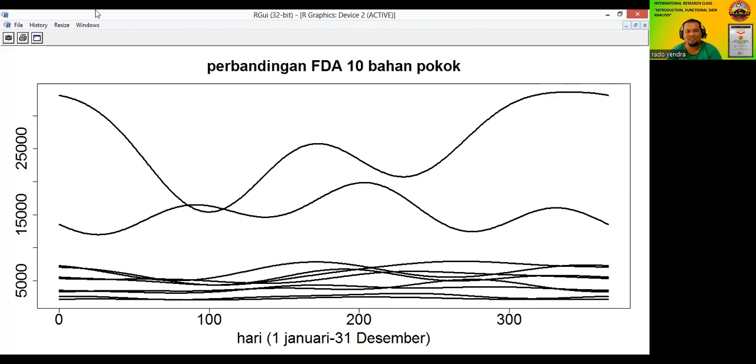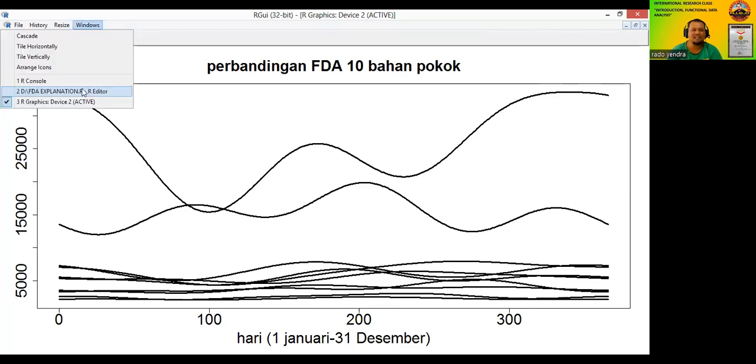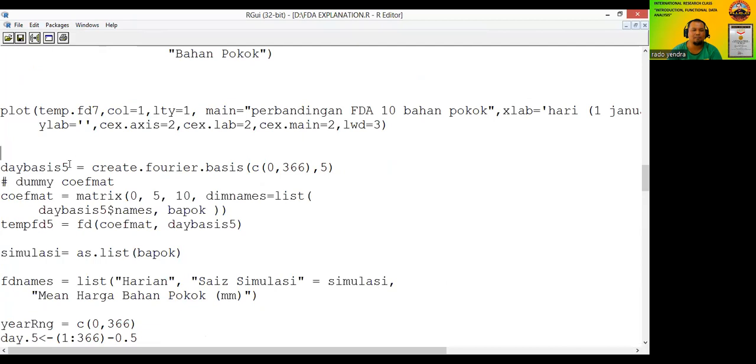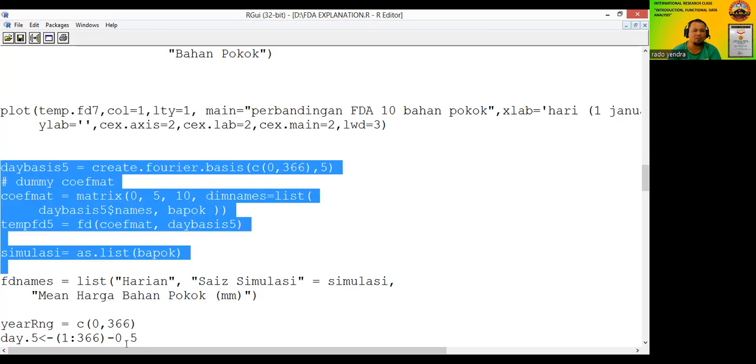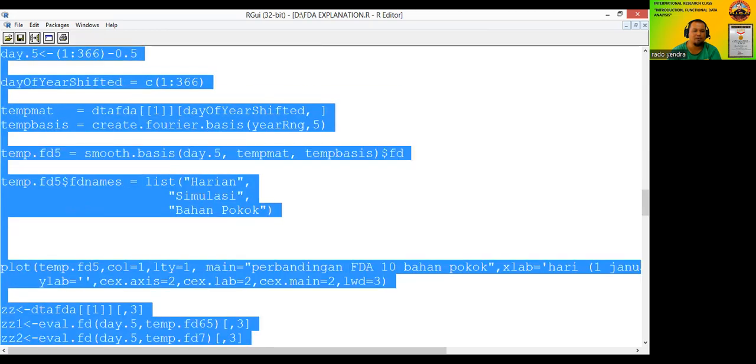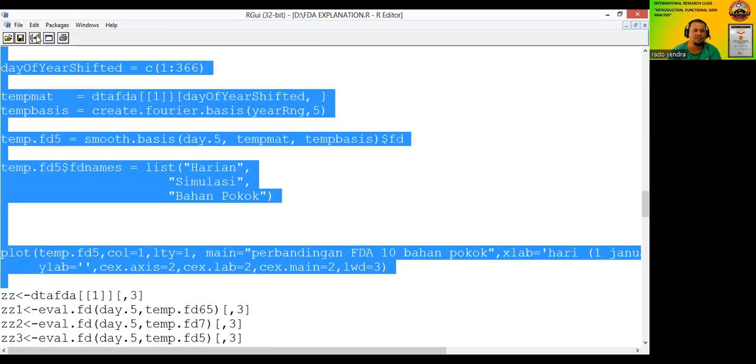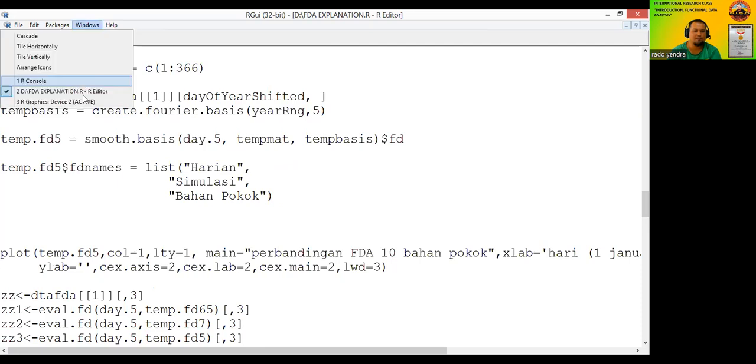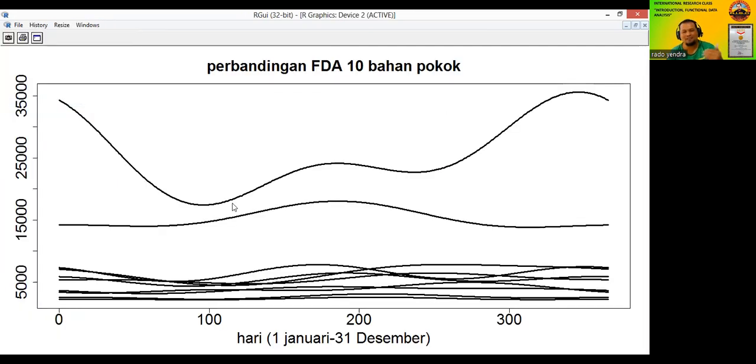After that, we change to basis 5. Basis 5 means we have one constant and 4 coefficients. We check the smooth graph. This is very smooth.